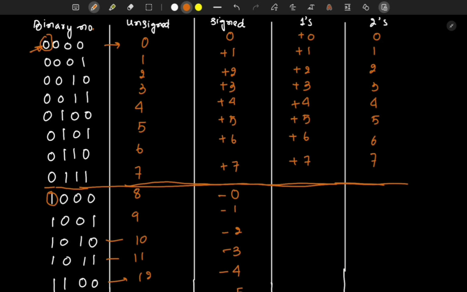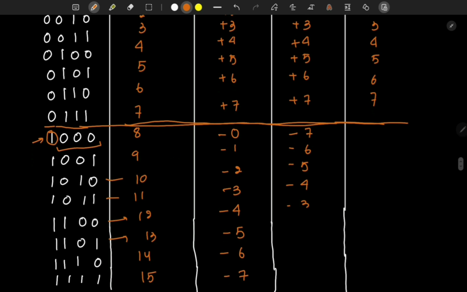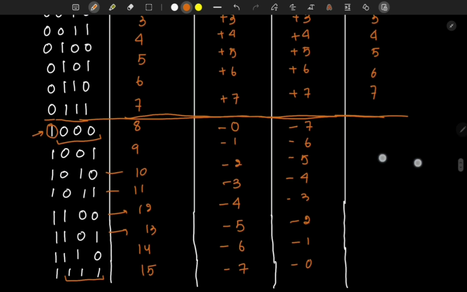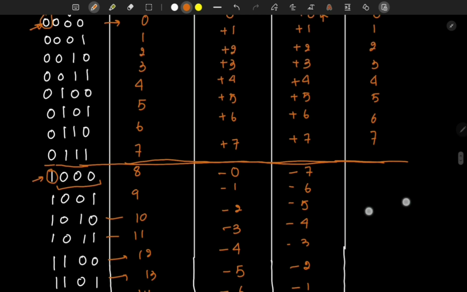However, when it comes to the negative part, the most significant bit is 1, which means the number is negative, and its magnitude is in 1's complement form. If you take the 1's complement of 0, 0, 0, it will be minus 7 here, then minus 6, minus 5, minus 4, minus 3, minus 2, minus 1. And if you take the 1's complement of 111, it will be minus 0. You see that we have positive 0 and negative 0 in 1's complement representation.